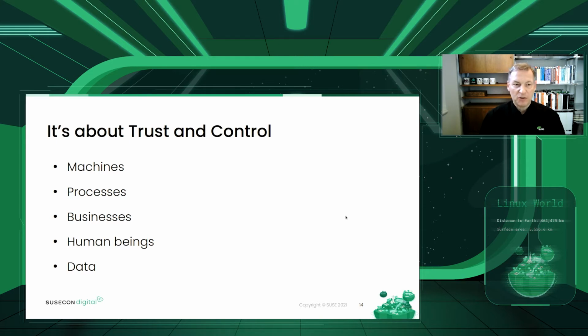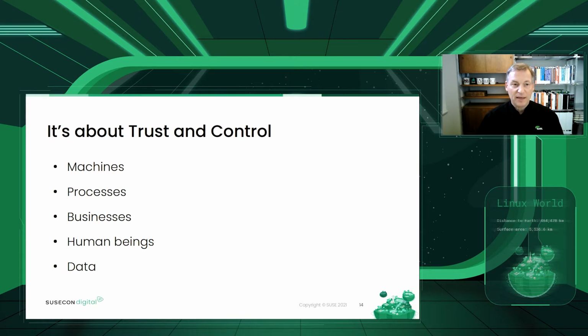It is about trust and control into machines. It is about trust and control about processes. Also, subsequently, about businesses. It is a control on human beings. And it is trust and control on the data, on company data, but also on personal data when we think about data privacy, for example, where this plays a fundamental role.